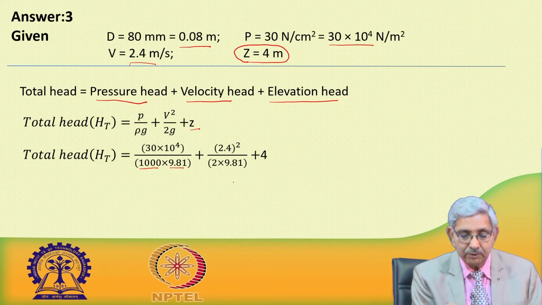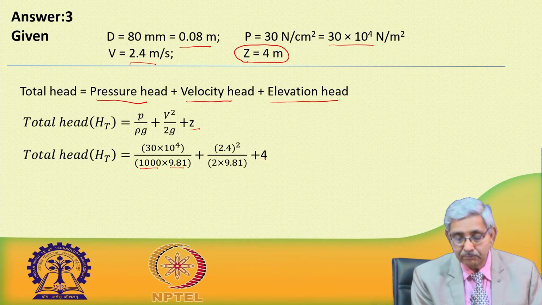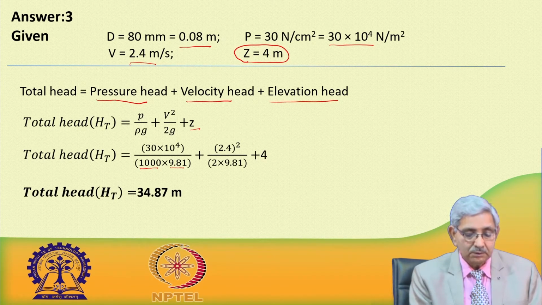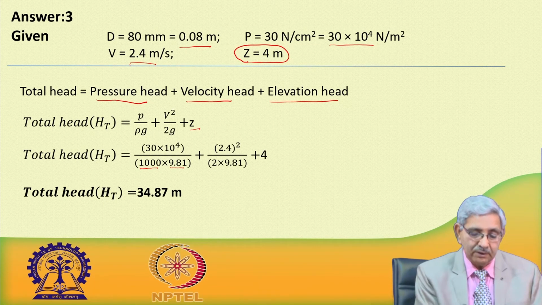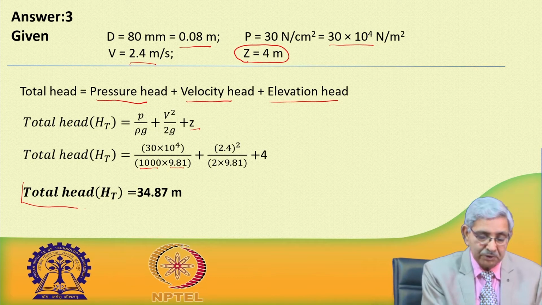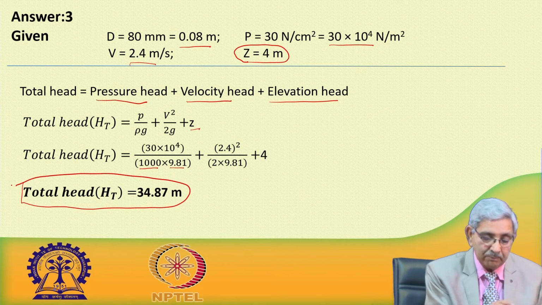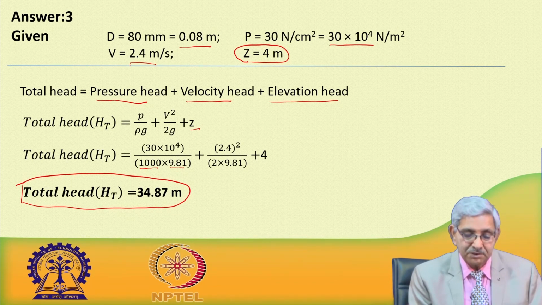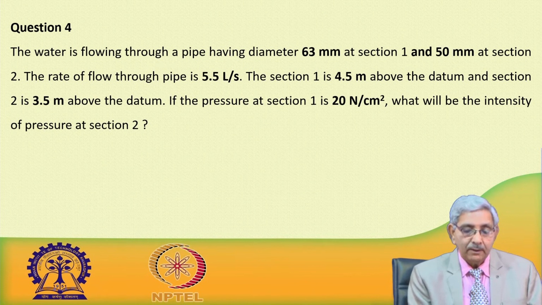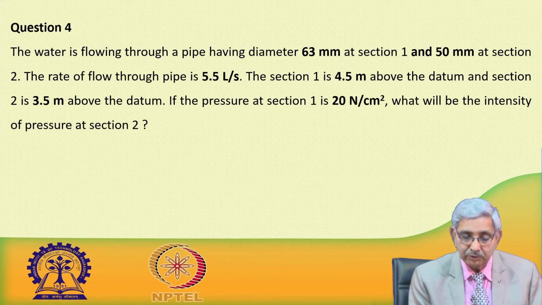So, 2.4 square divided by 2 into 9.81 plus 4. So, total head becomes 34.87 meter. So, this was the question which was asked. Total head in the pipeline is 34.87 meter. Here we have used the energy equation. Now, let us come to the fourth question.